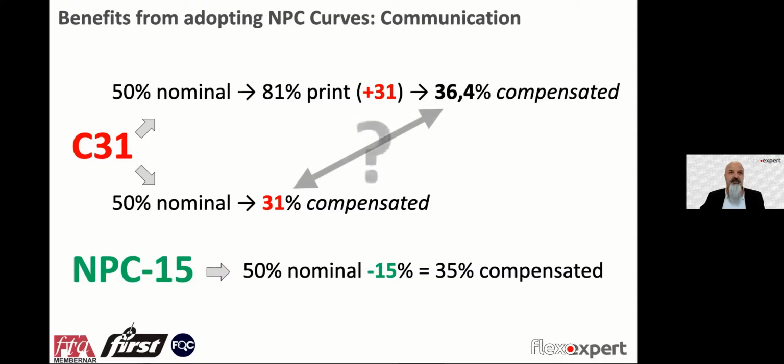For another workflow, a C31 could be a 50% nominal that goes 31 compensated and has a certain shape that in that case it's named C with the letter C. With NPC, minus 15, a 50% nominal is 50% minus 15, 35, okay? So NPC gives a clear information on what is the value on the compensated plate and also the nominal value, of course.